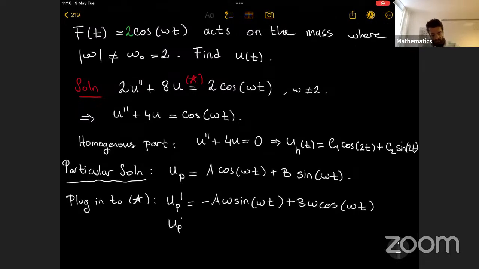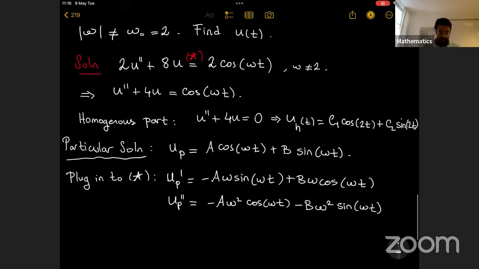u double prime is minus a w square cosine wt minus b w square sine wt.